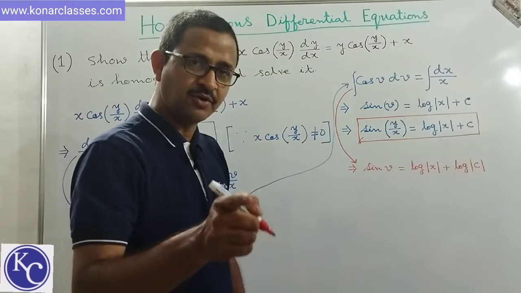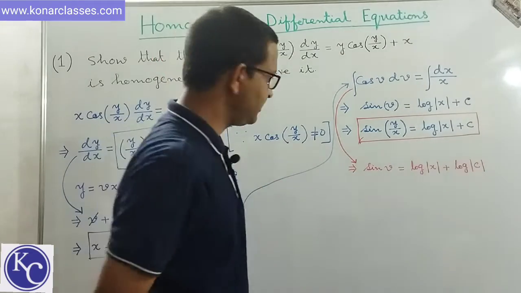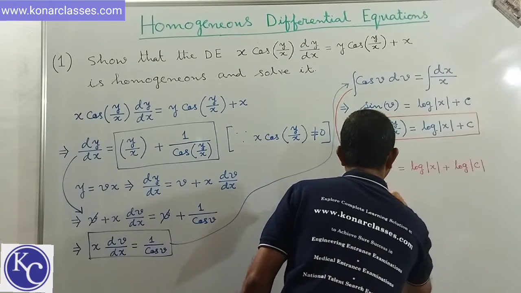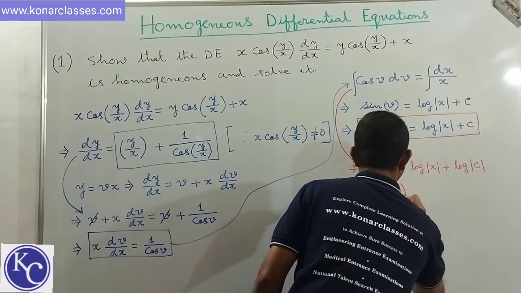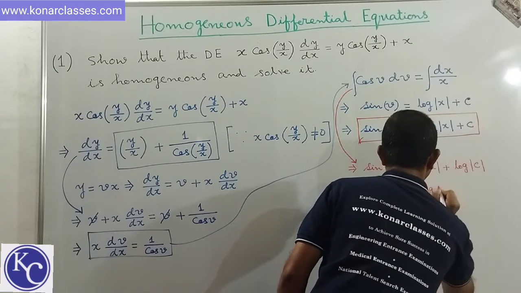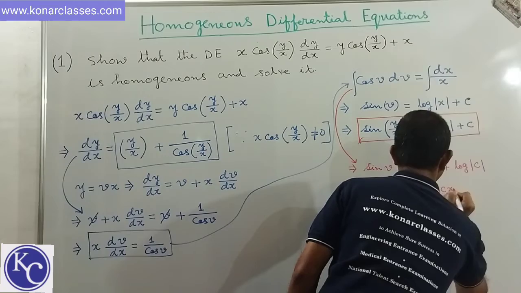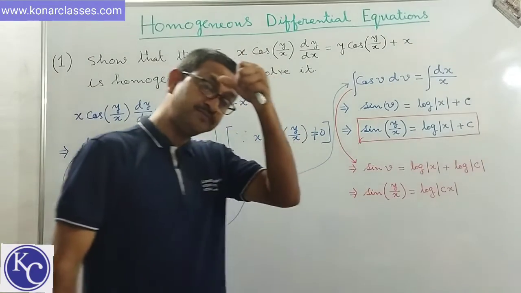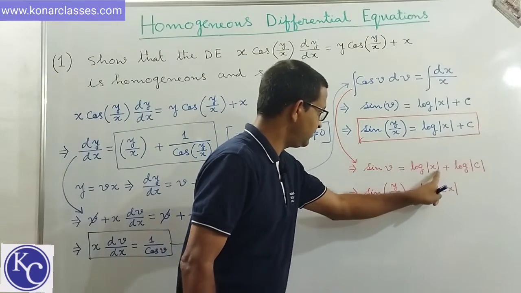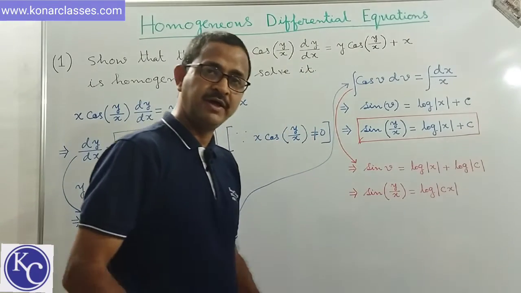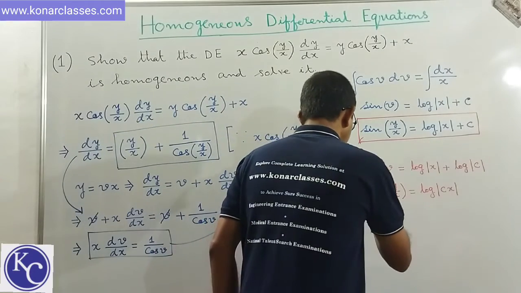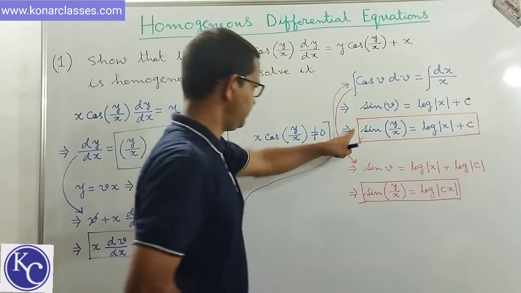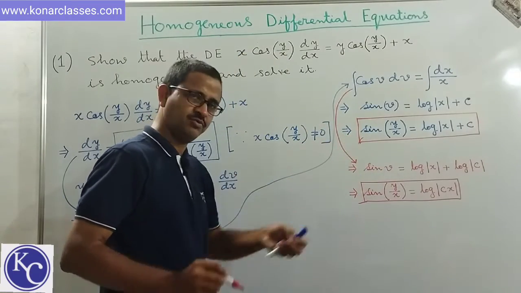If c is an integrating constant, then log|c| should also be an integrating constant. So sin v, meaning sin(y/x), is equal to log|c x|. That is also a solution, because we know that log m plus log n is equal to log of m into n. So in this way we get the solution to the same differential equation. Whichever you can apply, you can take this one also or this one also.